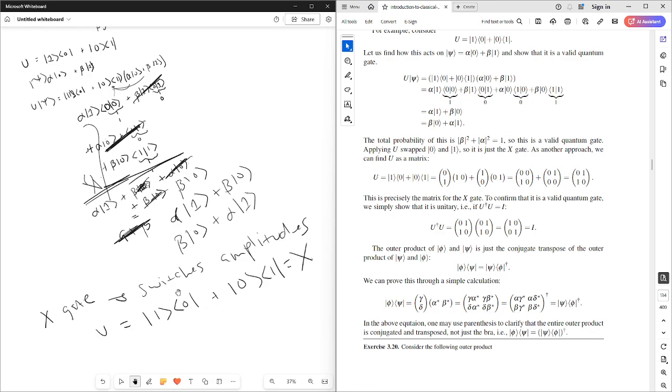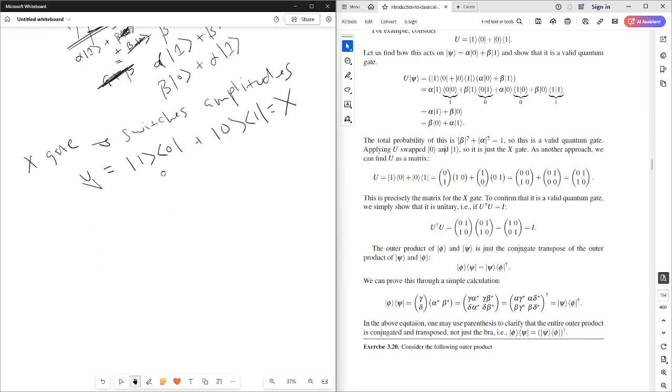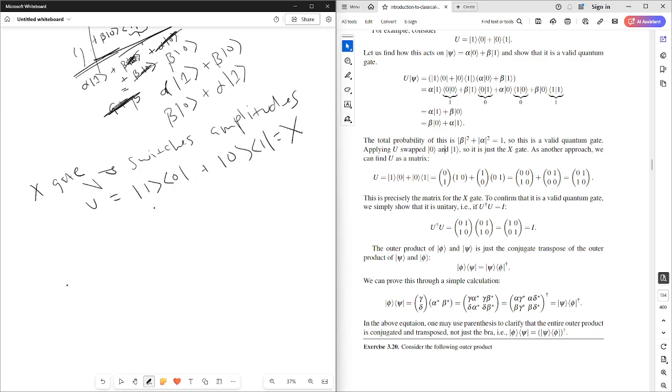So taking our column vectors, we can break the outer product of 1 and 0 into 0, 1, 1, 0, added to the outer product of 1, 0, 0, 1. This results in 0, 0, 1, 0 plus 0, 1, 0, 0.